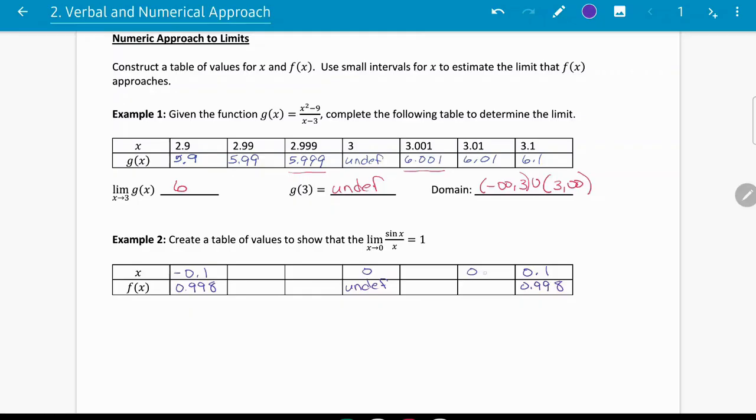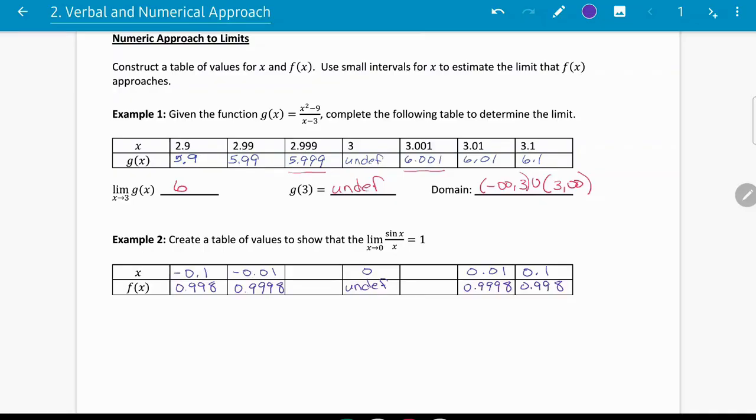If we come in a little bit further and do 0.01 or negative 0.01, we see that we have 0.9998.